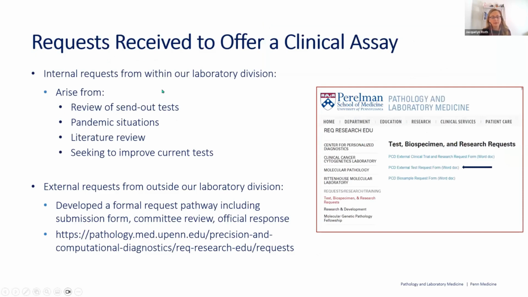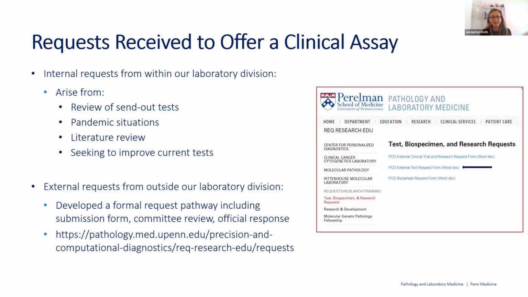So internal requests to launch an assay clinically arise from a variety of different ways, including reviewing tests that we currently send out. So maybe your institution is sending out all of their T-cell receptor rearrangements, and you want to bring it in because it's costing a lot of money. There are certainly pandemic situations that dictate we develop a lab test ASAP, as we've all just seen, as well as literature review and seeking to improve other current tests.